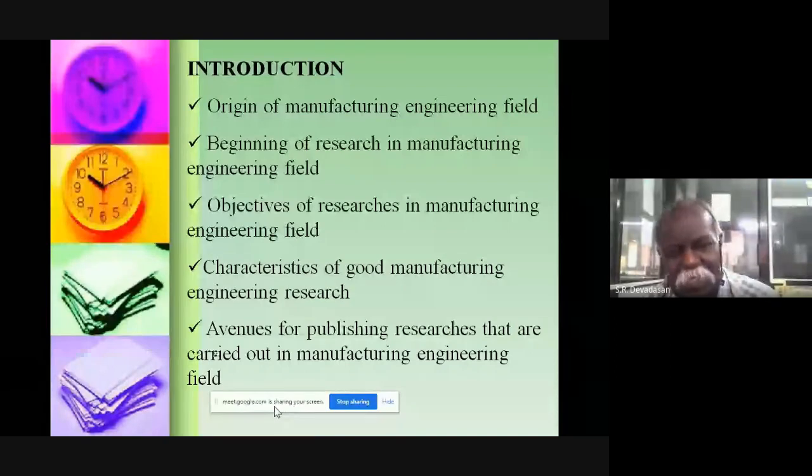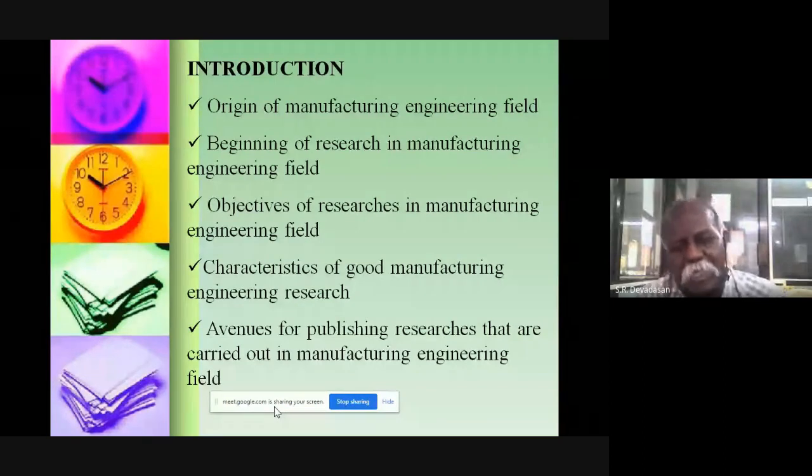Then after gathering all knowledge and doing research, a high-end research outcome has to be developed and germinated in the form of research papers which should be published in journals.